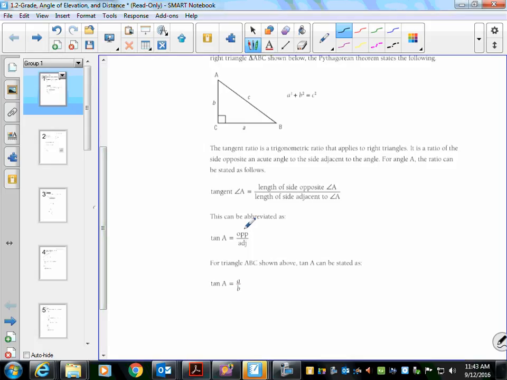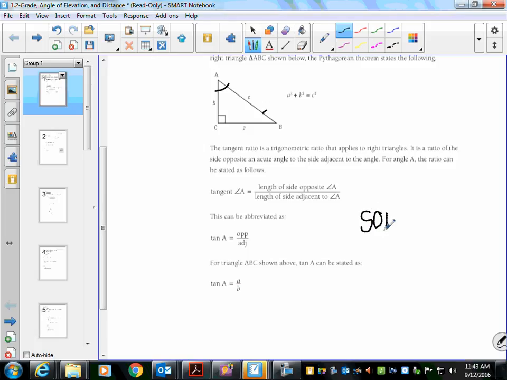When we come up with ratios, the tangent ratio depends on the angle. If we're looking at angle A, tan is opposite over adjacent, so side length A over B. Lots of times people remember the ratios as SOHCAHTOA.